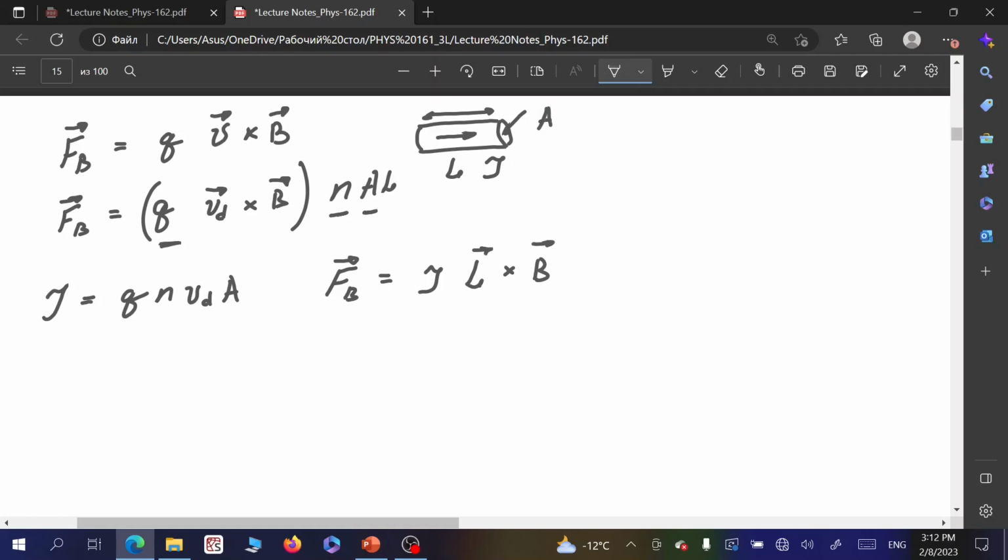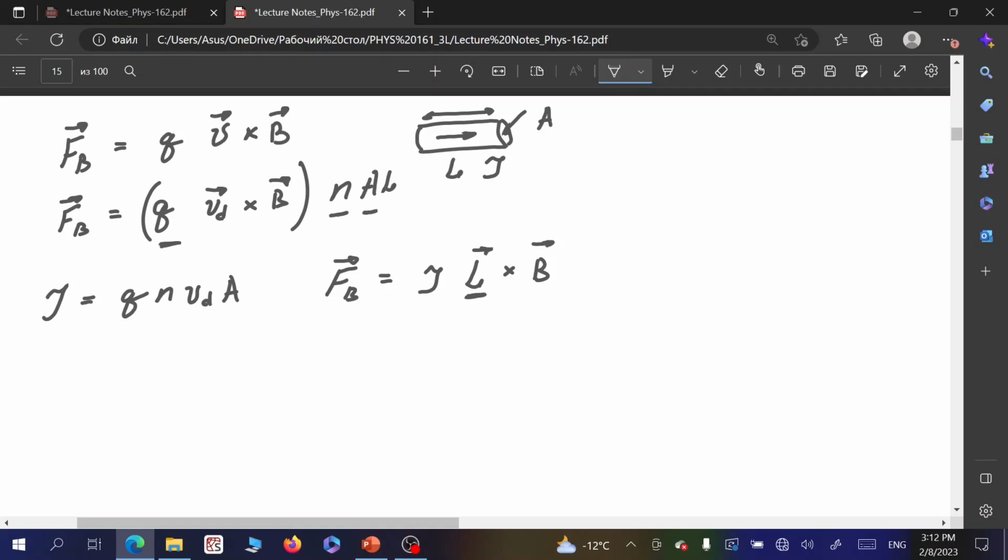So in this case, this vector L, capital L, is a vector which has the direction of the electric current and the magnitude of the length of this segment of the conductor.